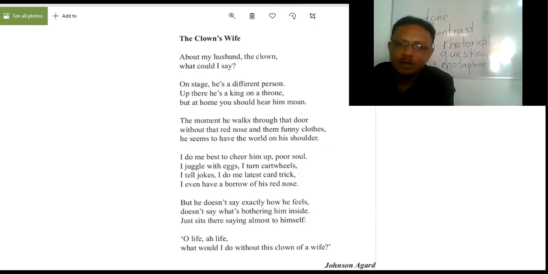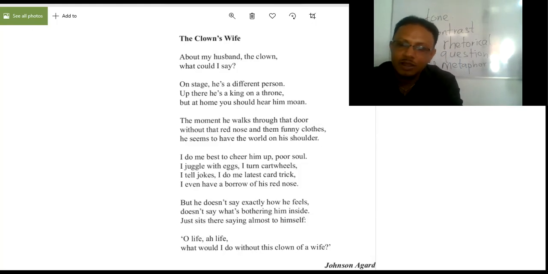So the difference between a person's behavior and the reality is very well shown in this poem, as well as the deceptive appearance. And also this poem gives an idea, that is the importance of communication, maybe with a person who is very close to you. Once you express your difficulties or feelings, you may overcome your burdens or difficulties.